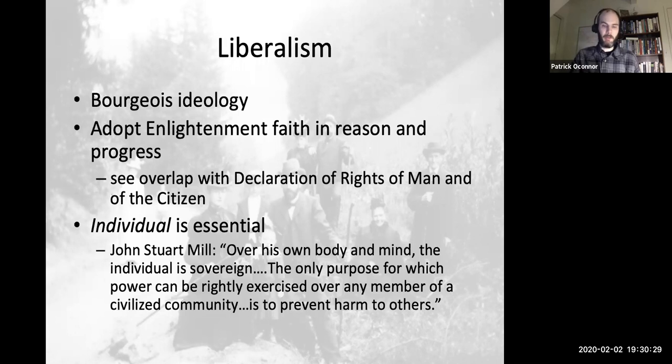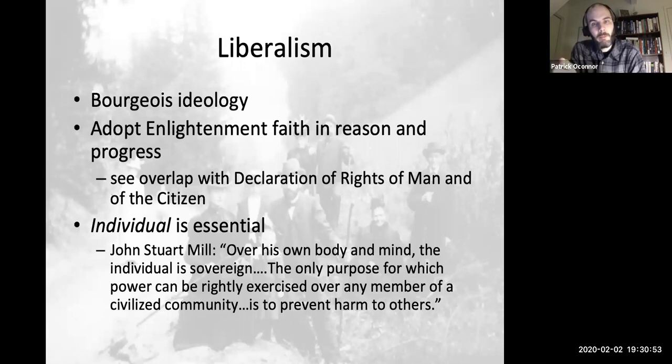Okay, take John Stuart Mill for a second. John Stuart Mill is an English philosopher. He's probably the most famous liberal theorist of the 19th century, perhaps the most famous liberal theorist ever. And in his most prominent treatise called On Liberty, Mill claimed, "Over his own body and mind, the individual is sovereign.